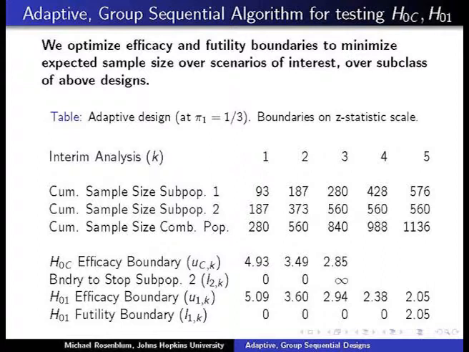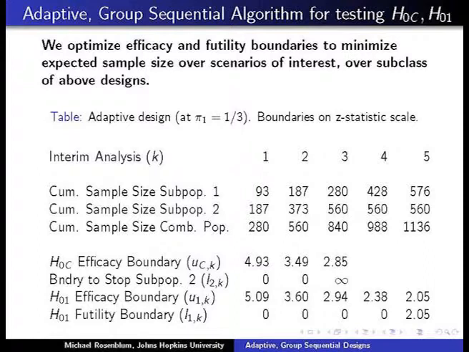So here it's increasing at each stage. And if you were to immediately give up on population 2, this would just reduce to a trial where these are the numbers enrolled in population 1. And then the corresponding thresholds are down here, this H01 efficacy boundary.